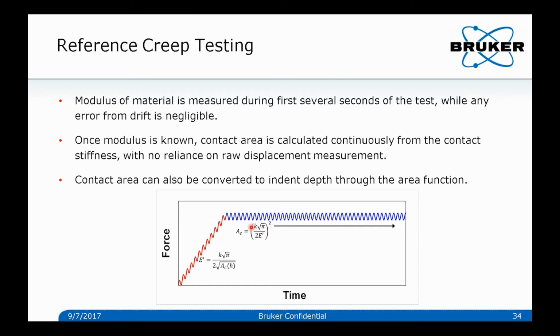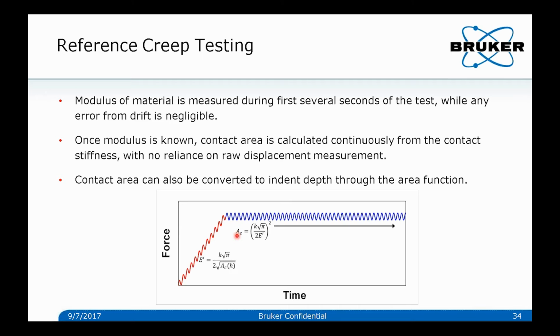The modulus is now known, and so you can actually use this equation here to calculate contact area. So we're measuring stiffness due to the dynamic oscillation, and from that we're calculating contact area, which is converted to depth. So we're applying a constant DC force over a long period of time and measuring the depth.